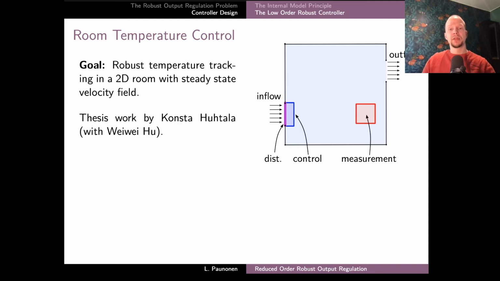the wall. And in this simulation example, it is assumed that the velocity of the fluid is all the time in its steady state.